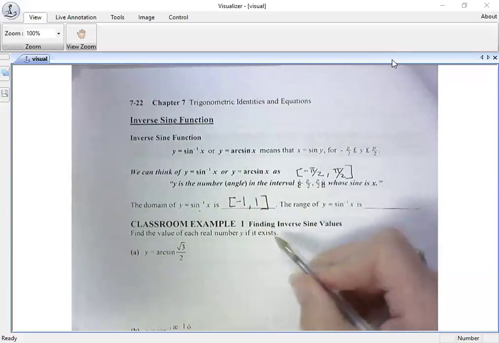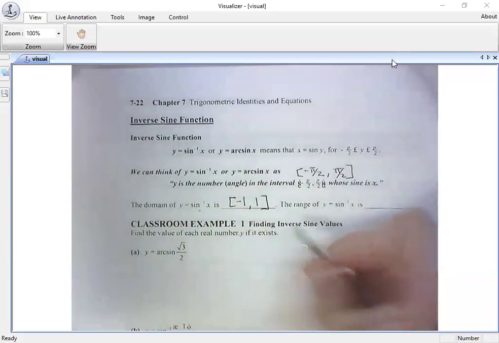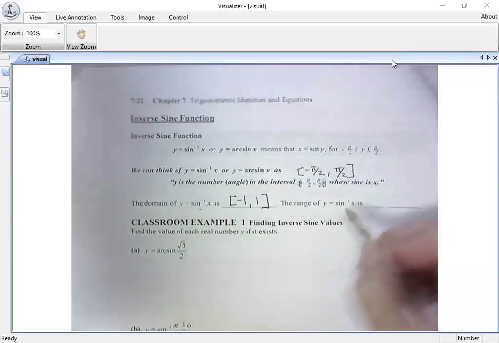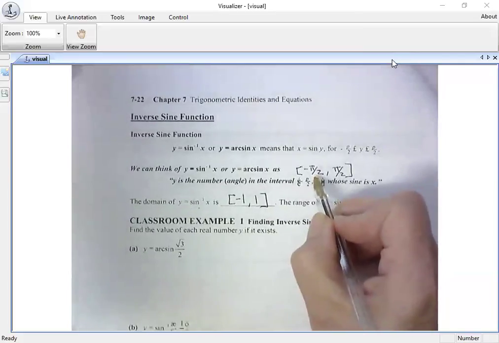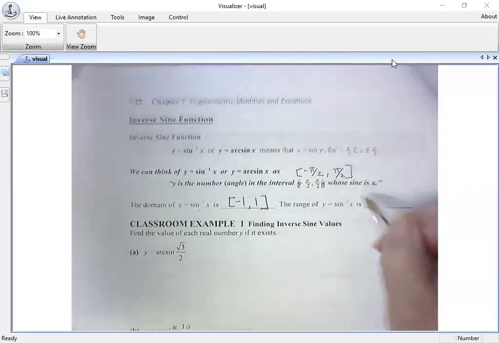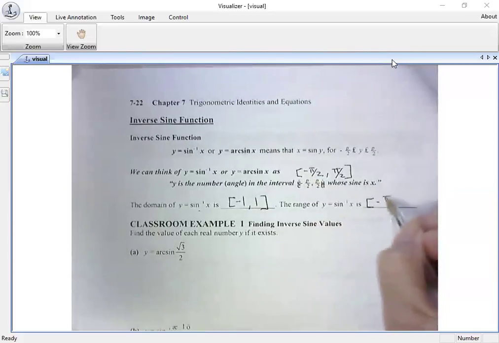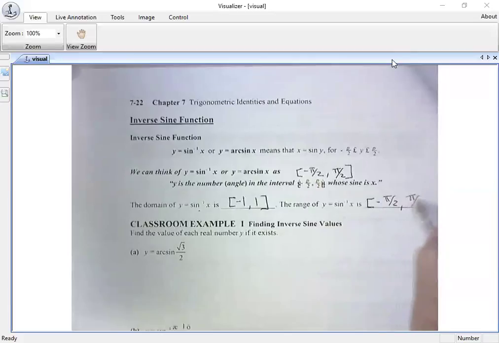Okay? Because I'm putting in the ratio values when I'm working with arcsine. And the range is going to be this restriction on the angle measures, only from -π/2 to +π/2. Okay?